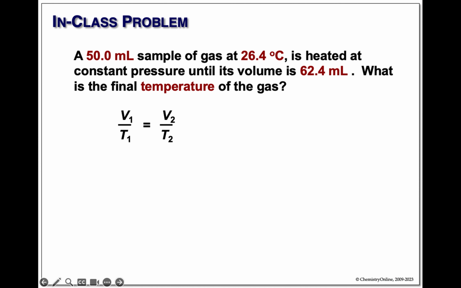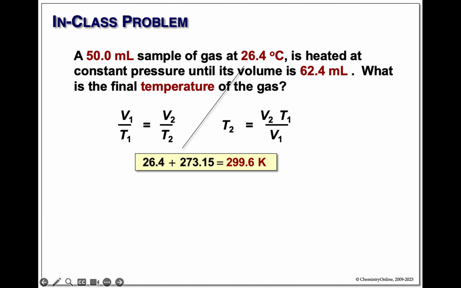So let's see, we're looking for the final temperature, that's T2. T2 is going to be V2 times T1 over V1. V2 is this, T1 is this plus 273, or about 300 Kelvin.